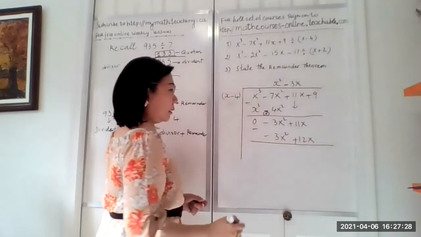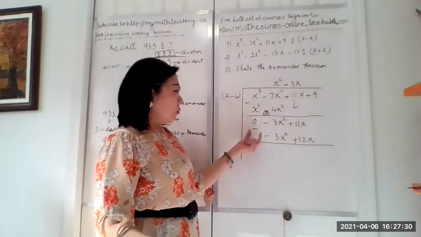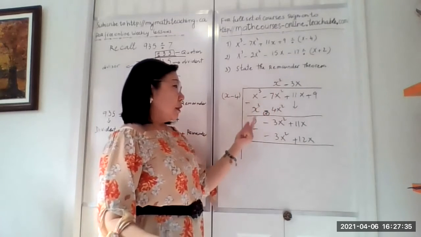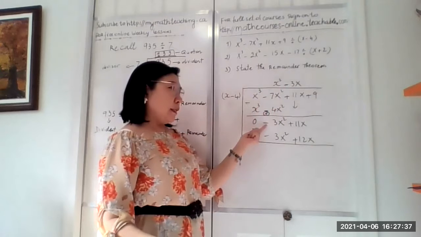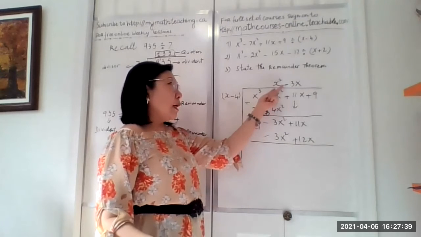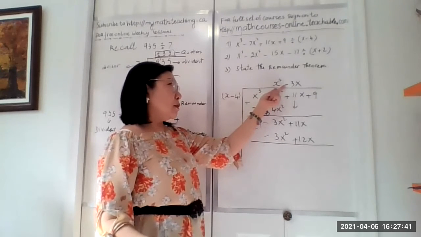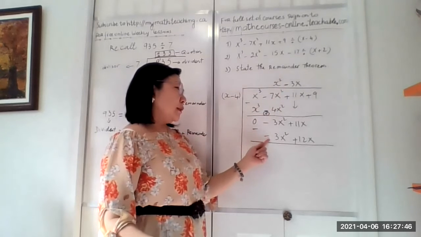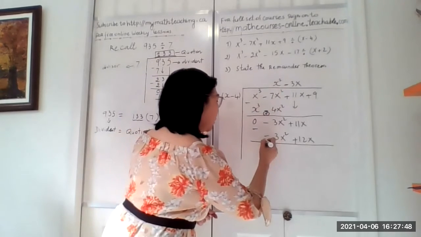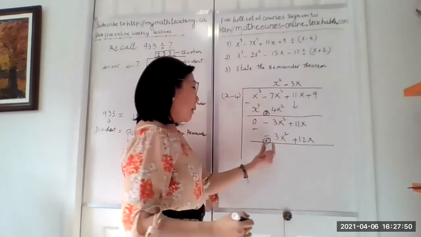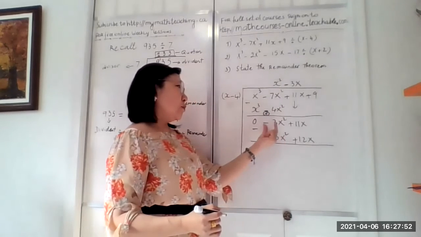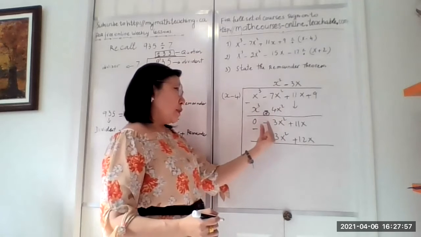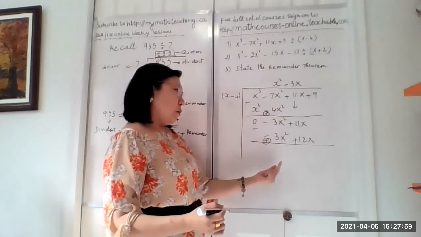And when I subtract, I will explain to you why I choose the sign here is negative. Because I realize this is a negative sign, I should change this to negative so that when I subtract, negative times negative will become a positive. And I know that if I have a positive 3x squared added to the negative 3x squared, they are the same value but the opposite sign, so it becomes 0.